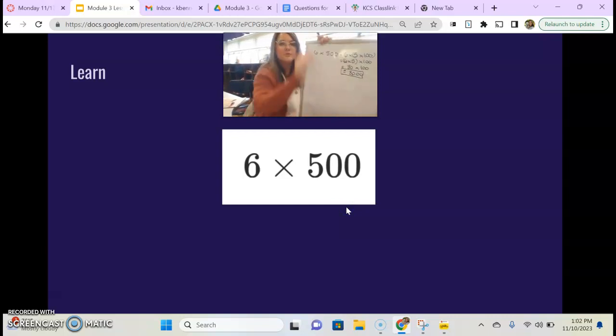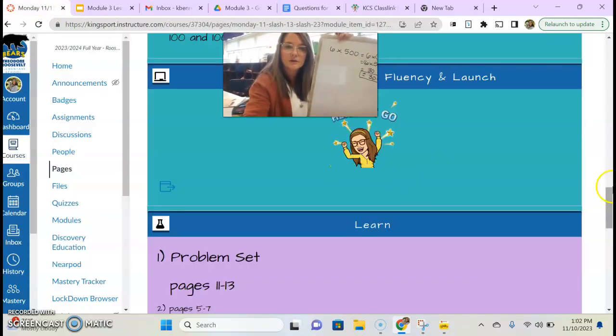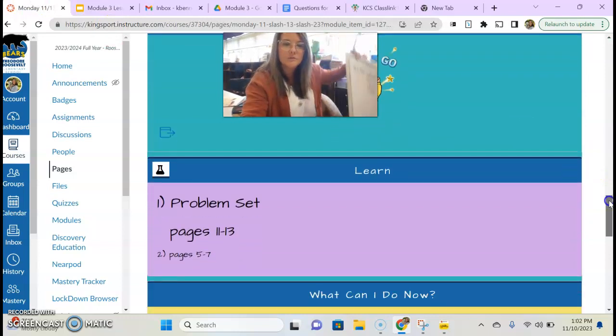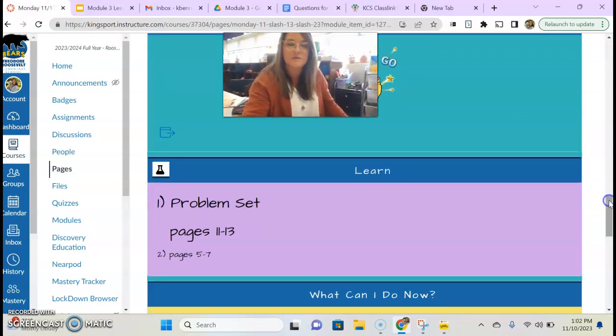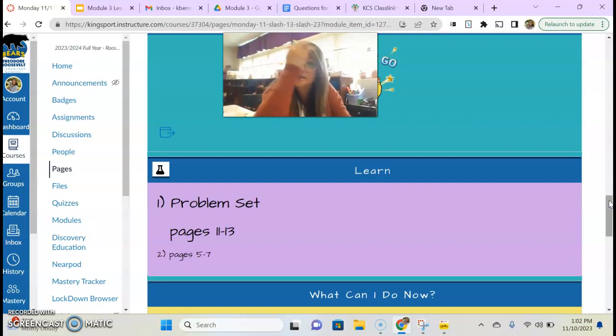What you're going to do is work on problem set for lesson 2, pages 11 through 13. If you finish those, you can go back to pages 5 through 7. Think about the meaning of multiplication, the meaning of those magic zeros, and how you can use a simple fact to solve a more complex fact.